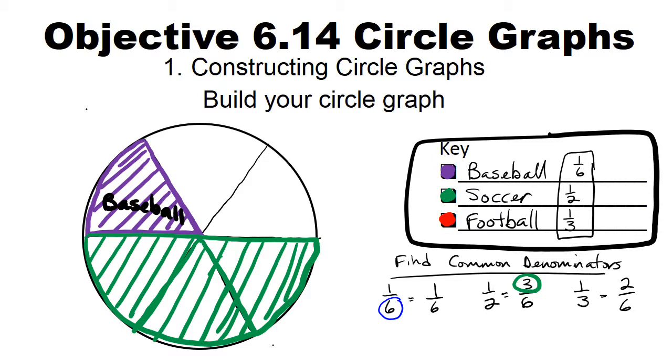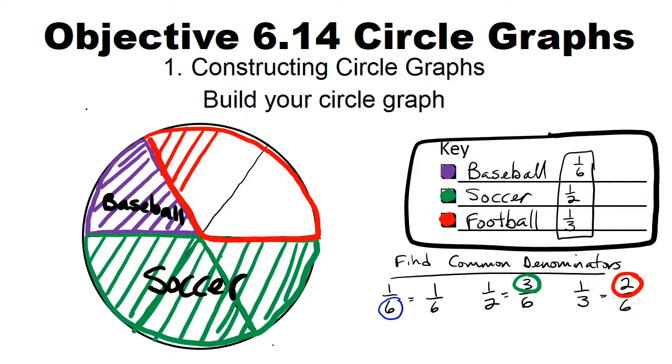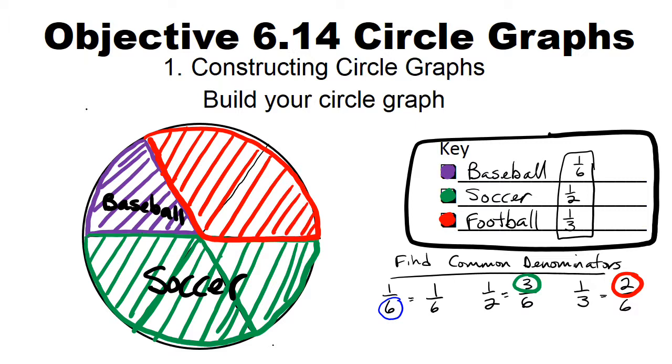And we're going to label this as soccer. And then the rest, we have 1/3, so our fraction is 2/6. So 2/6 of our circle graph is going to be football. We're going to shade that one in red. We're going to label it football.